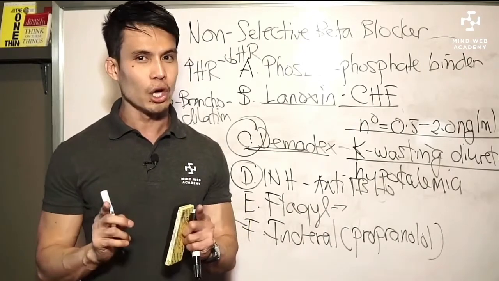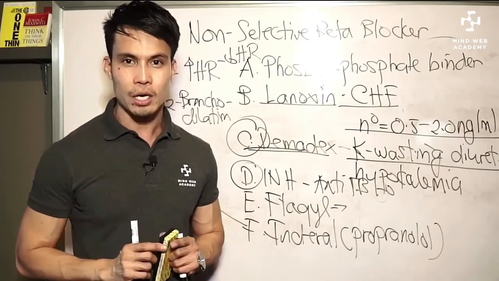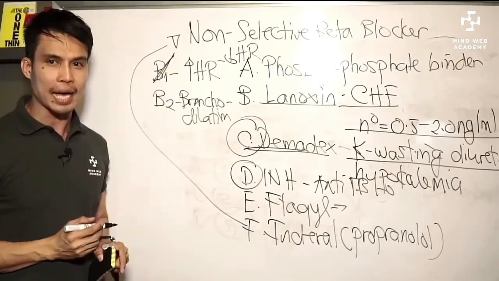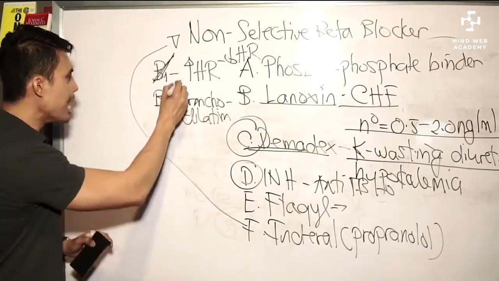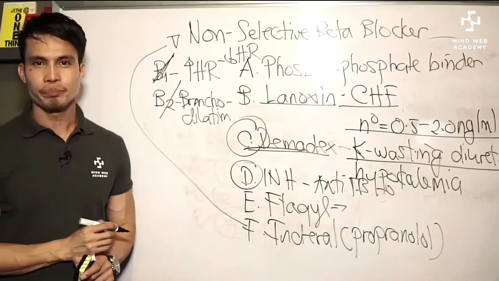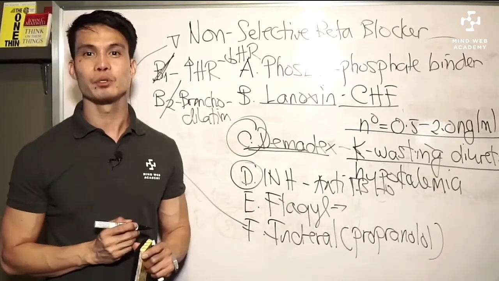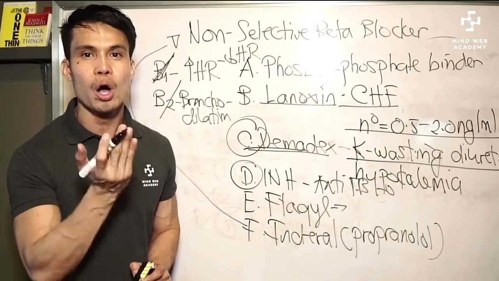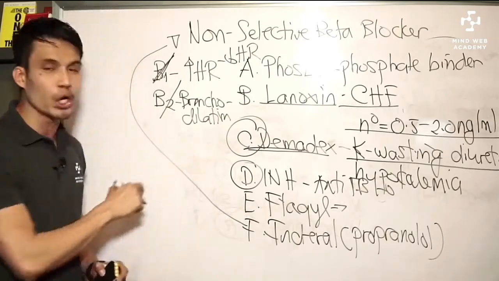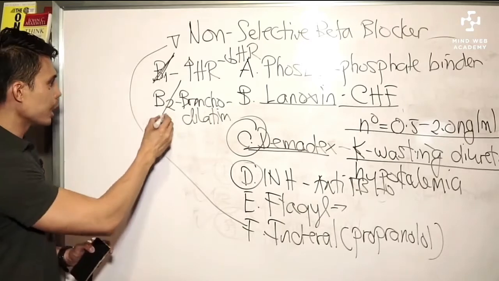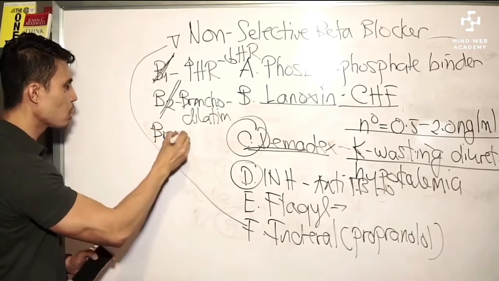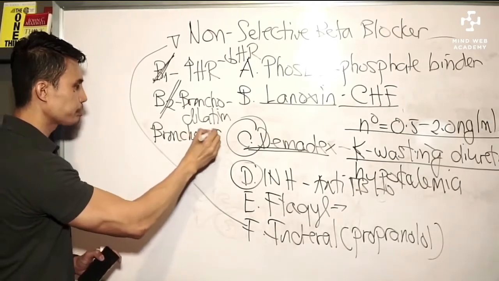But propranolol is a non-selective beta blocker. Although it blocks the beta 1 receptor site, it can also block the beta 2 receptor site. Blocking of the beta 2 can lead to bronchoconstriction. So the opposite is going to happen, right? The client will develop bronchoconstriction instead of bronchodilation.